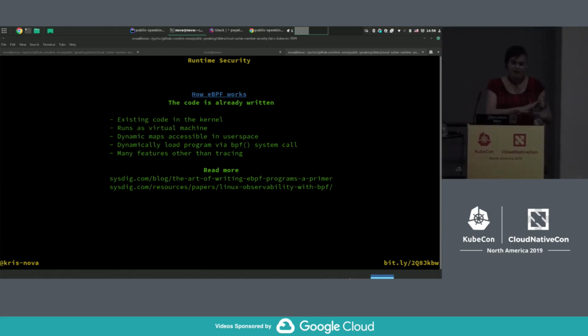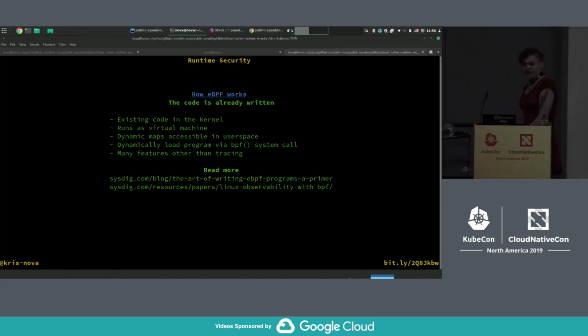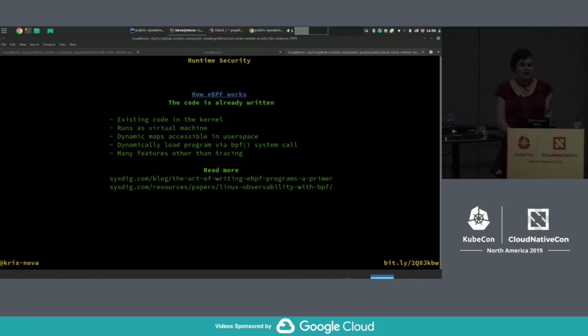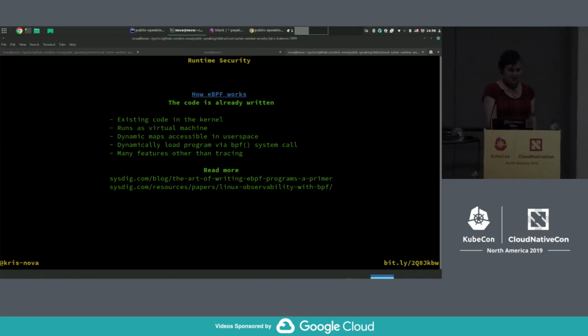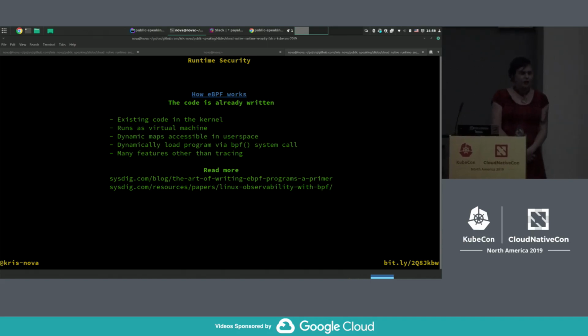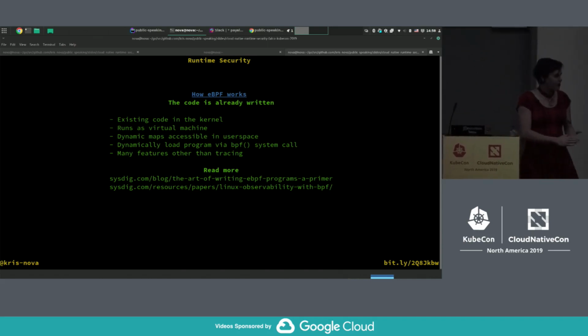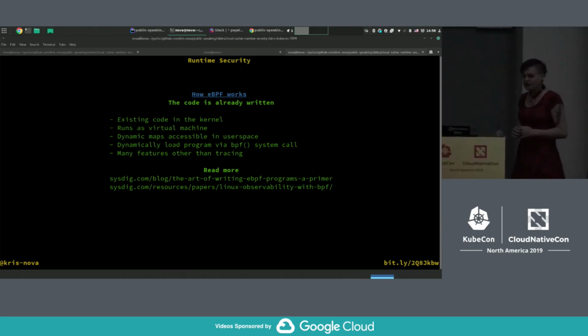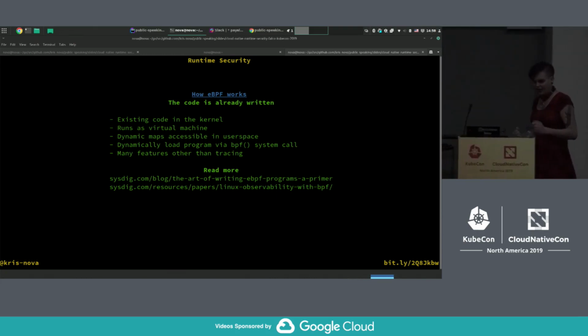It builds dynamic maps in memory, and we can access those from user space. Furthermore, this is another interesting improvement on kernel modules: we can dynamically load, via a BPF system call, the BPF program that we want to start using. We can use eBPF for networking analysis and kernel tracing. There's a whole arsenal of things it can do for us. Again, the code is pre-written, and we're just taking advantage of it.